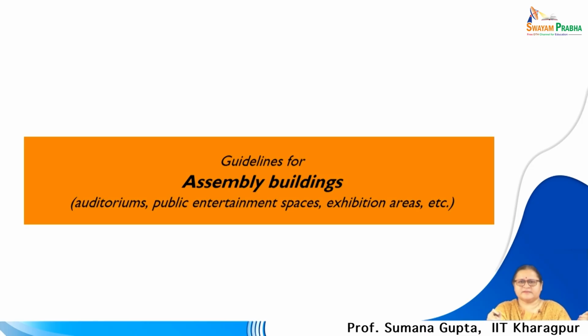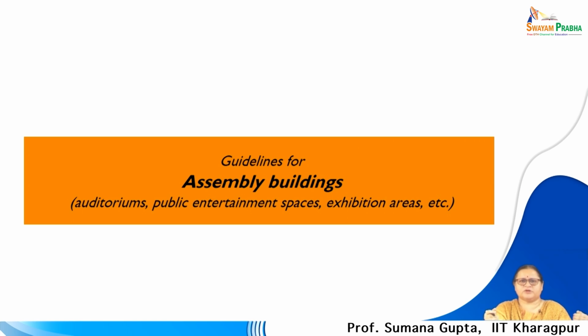Now, on these particular kinds of buildings, it is expected that the number of people or the users will be large in number, and as I have already discussed, people may not be oriented to the building.